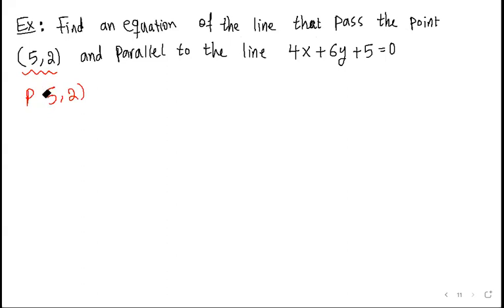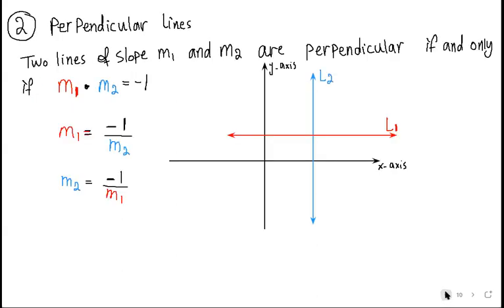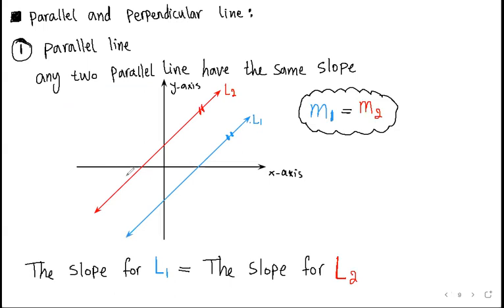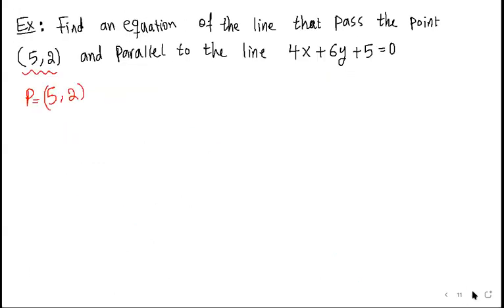We have to get it from the other equation. And it's parallel. If line 1 is parallel to line 2, this means the slope of the first one is similar to the slope of the second. So I have to get the slope from the second line. How can we find the slope here?